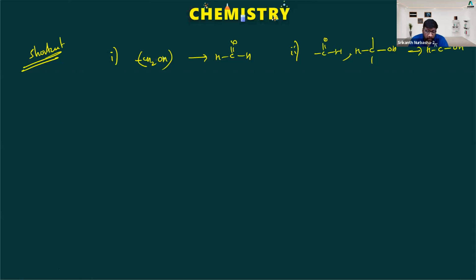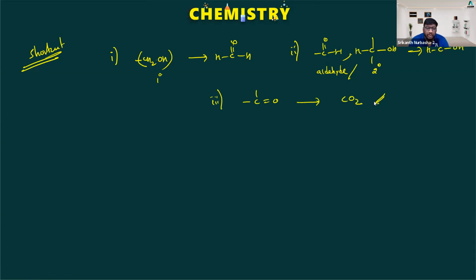The primary alcoholic group will be converted to formaldehyde. Aldehyde or secondary alcohol will convert to formic acid. And if you have a ketonic group, that is C double bond O, that will be converted to carbon dioxide. Understood this point or not?